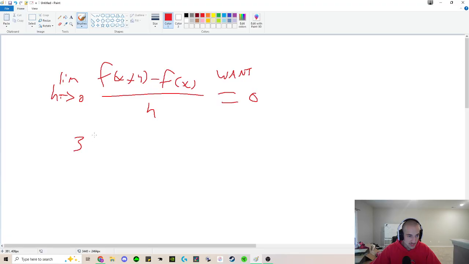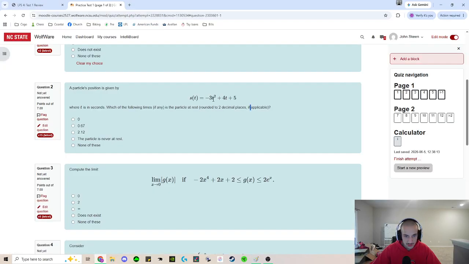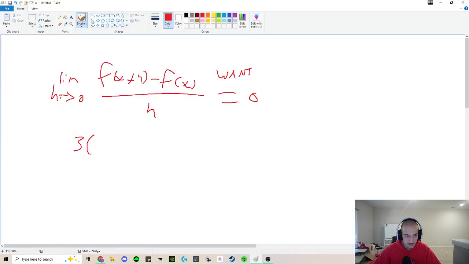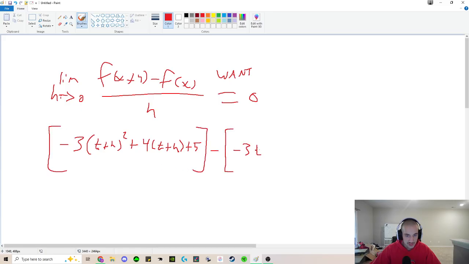This is going to be -3 (t plus h) squared plus 4 (t plus h) plus 5, minus -3 t squared plus 4t plus 5, divided by h.